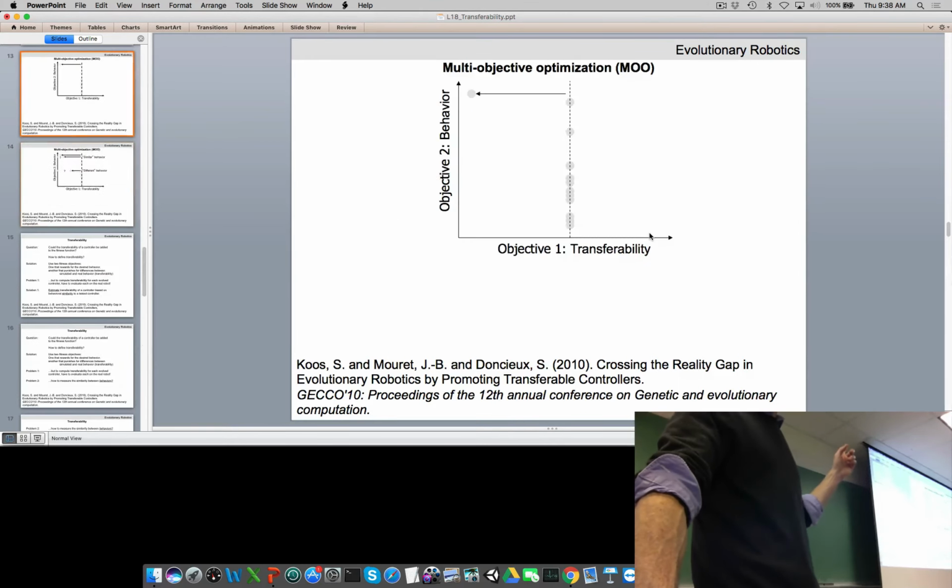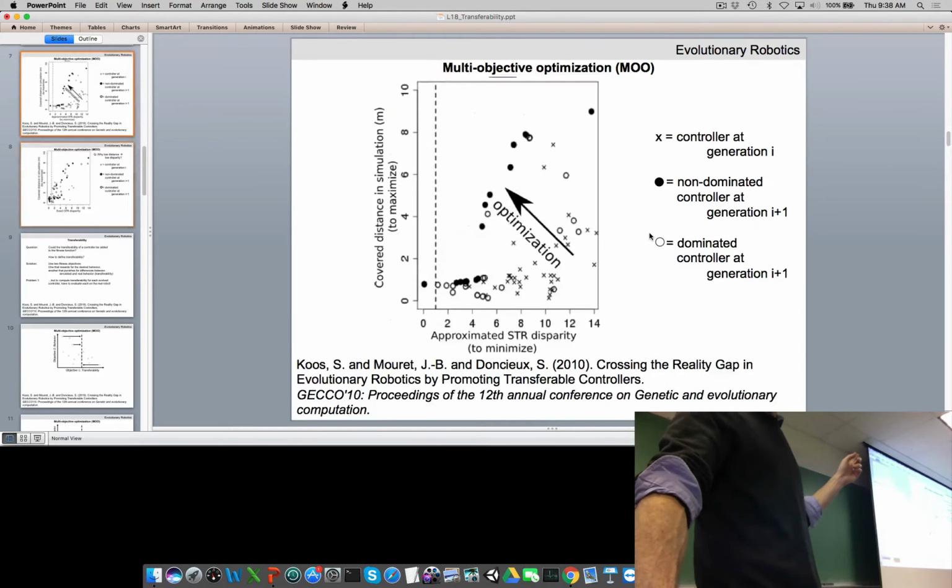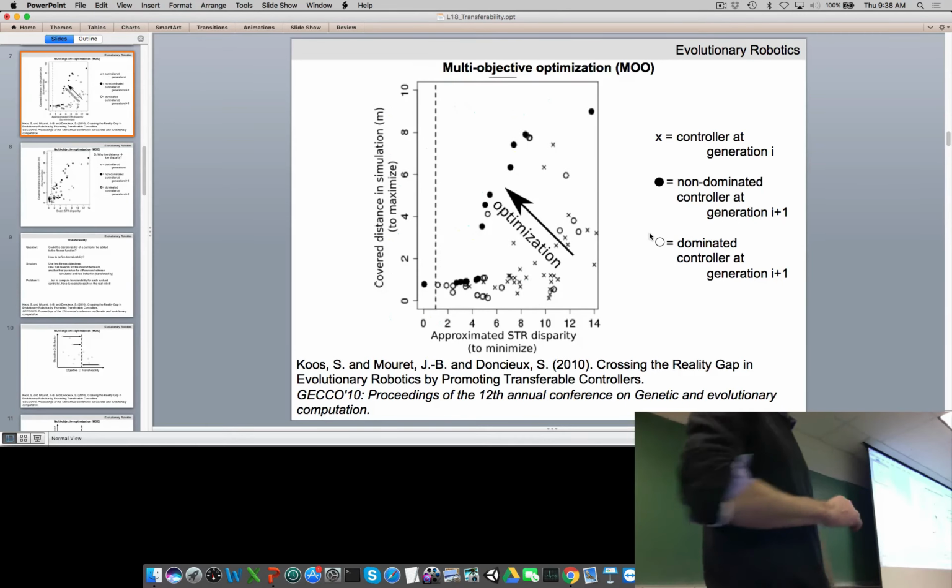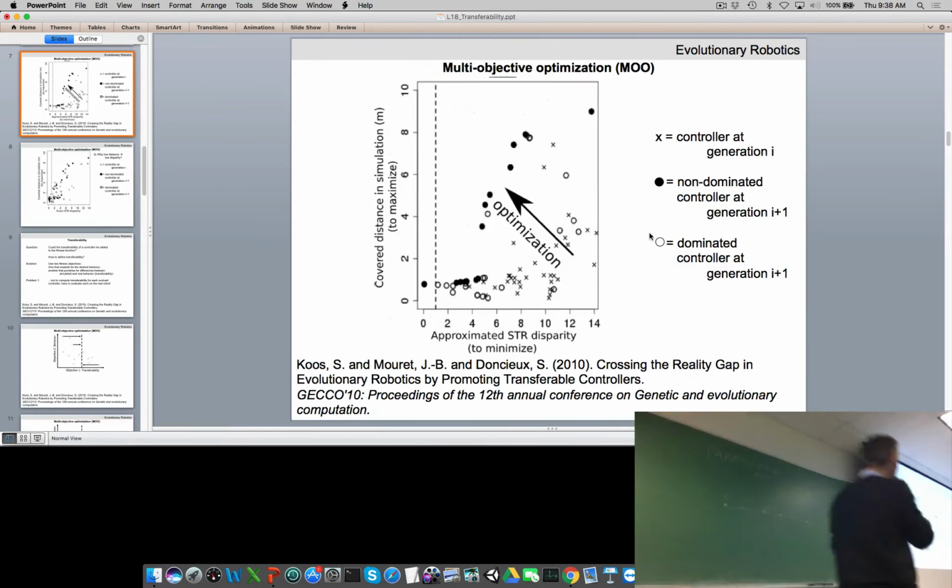We play the MOO game here, where we're trying to move this front up and to the left. We're looking for controllers that produce fast robots and have low sim-to-real disparity, right? We're looking for things up here, and it's these points up here that are likely to do what we want.